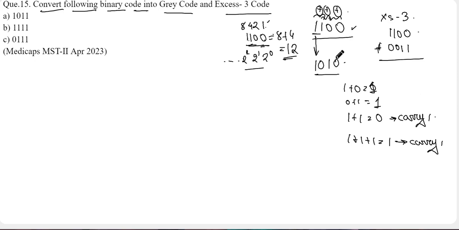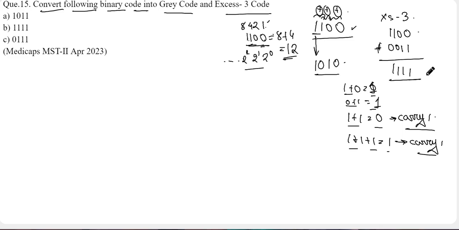And in this case we are also getting a carry of 1. So if we do the binary addition, we will get 1 1 1 1.